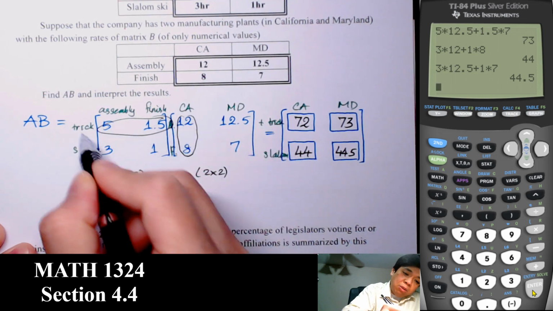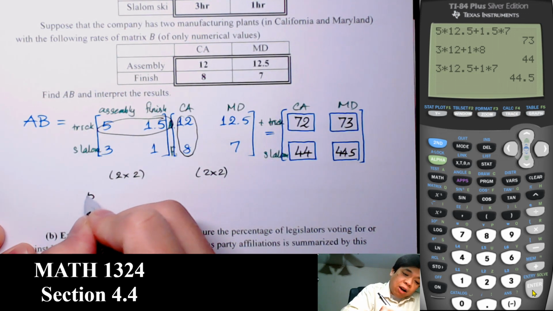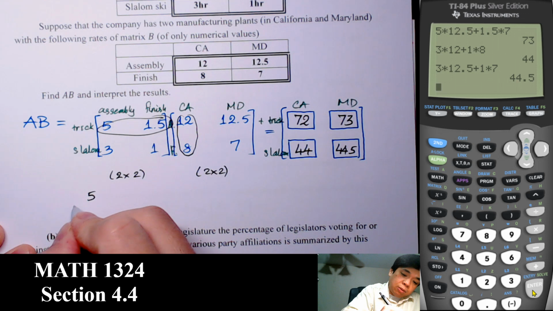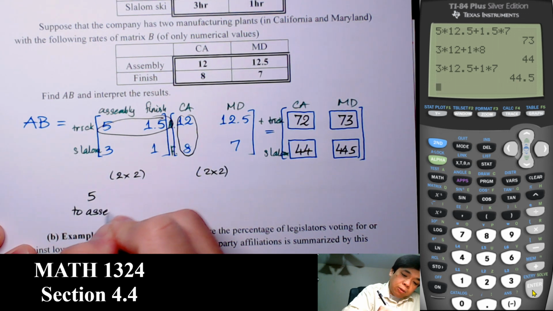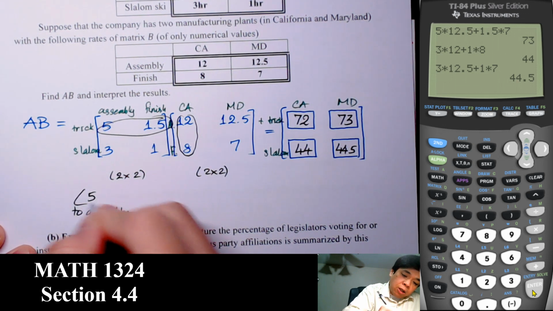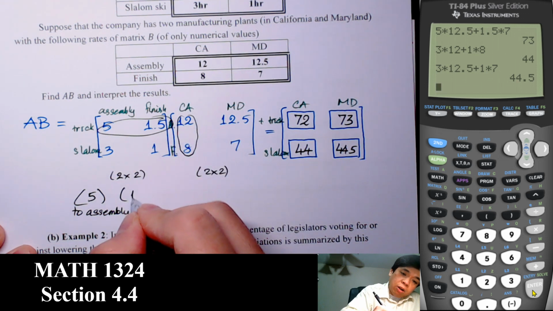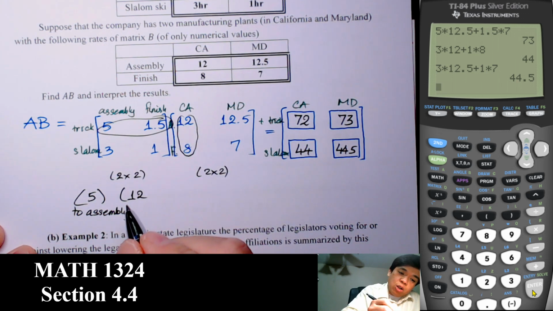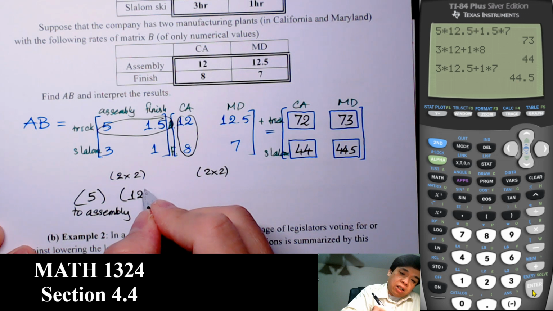column, that means we have a Twix key that takes 5 hours of assembly at the rate of 12, I assume $12 an hour.